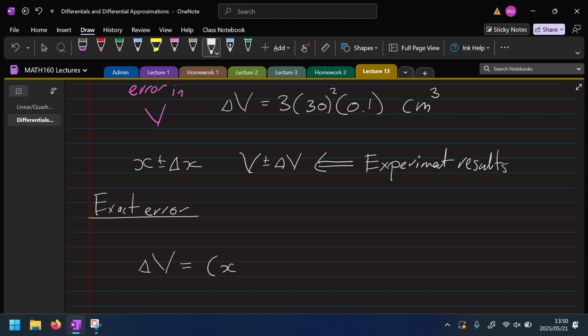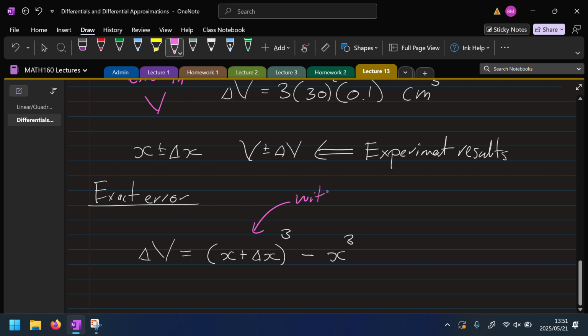So that's going to be x plus delta x cubed, minus the volume without the error. So that's just x cubed. The difference, well, that's the error in the volume.